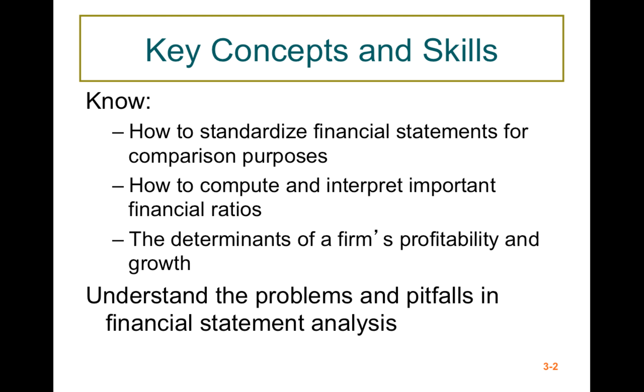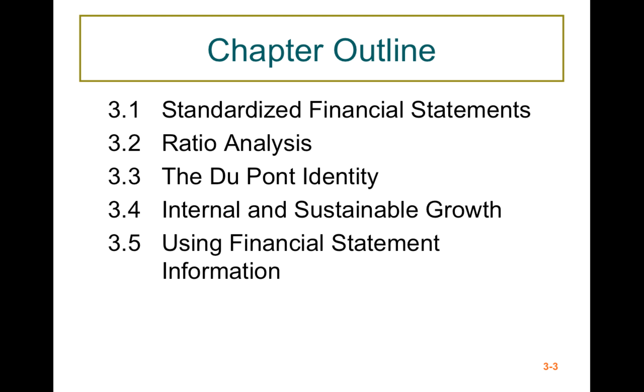And really, we want to understand the problems and pitfalls of financial statement analysis. So our chapter outline looks like this, where we're going to talk about standardized financial statements to start out the chapter. We'll discuss ratio analysis, may get into the DuPont identity, internal and sustainable growth, and using financial statement information.